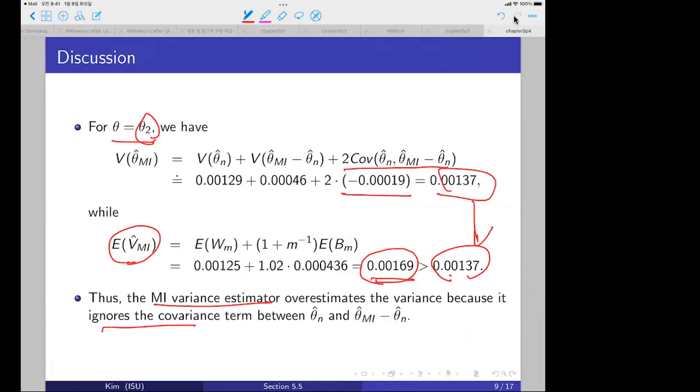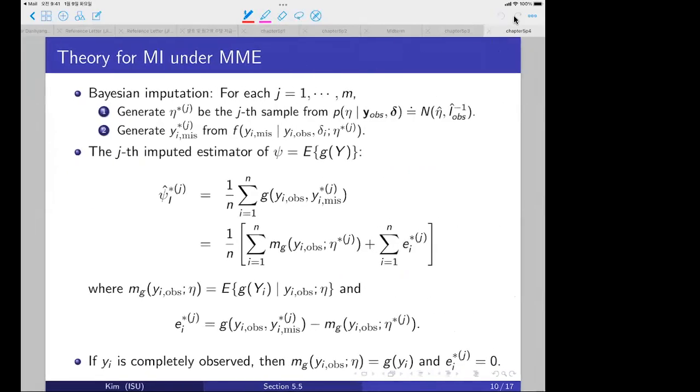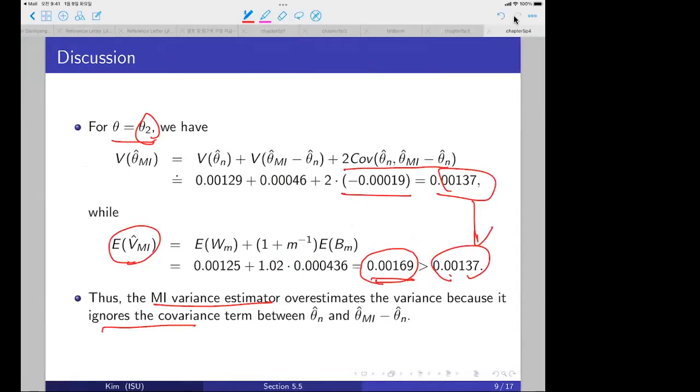Okay, so this is what you want to compute, and this is what you end up computing, right? And that shows the bias. You can easily do a simulation and check that Rubin's variance formula does not really work, right?